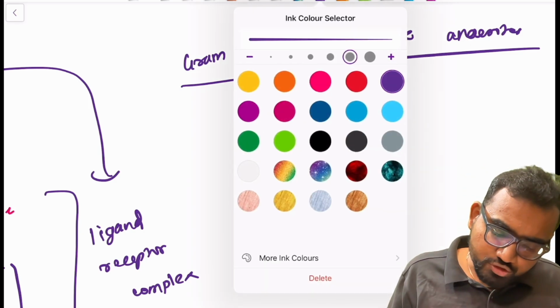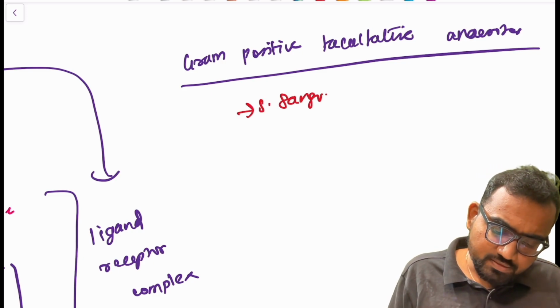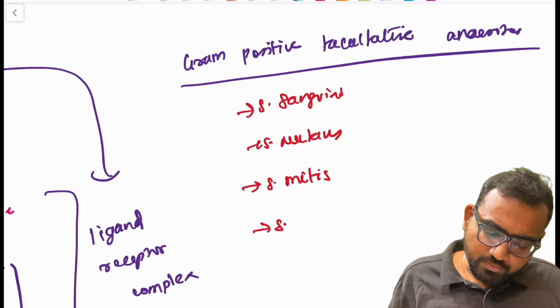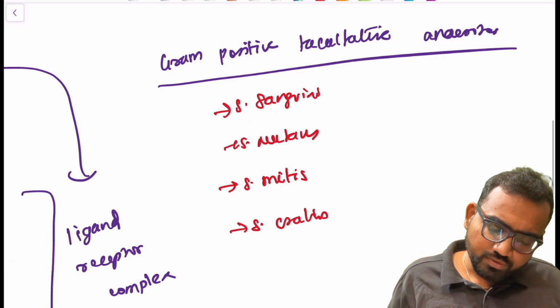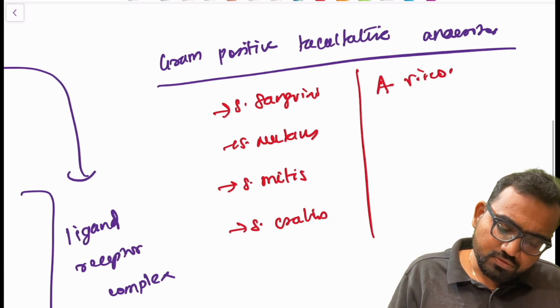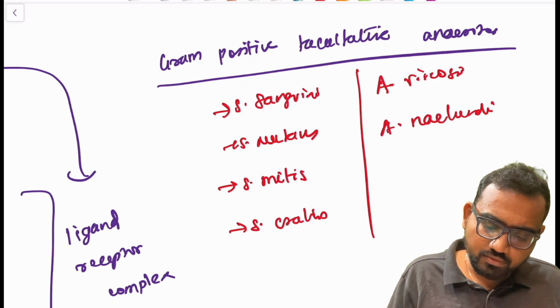So what are the gram positive facultative anaerobes? We all know Streptococcus sanguinis, Streptococcus mutans, Streptococcus mitis, Streptococcus oralis, and also Actinomyces viscosus and Actinomyces naeslundii.